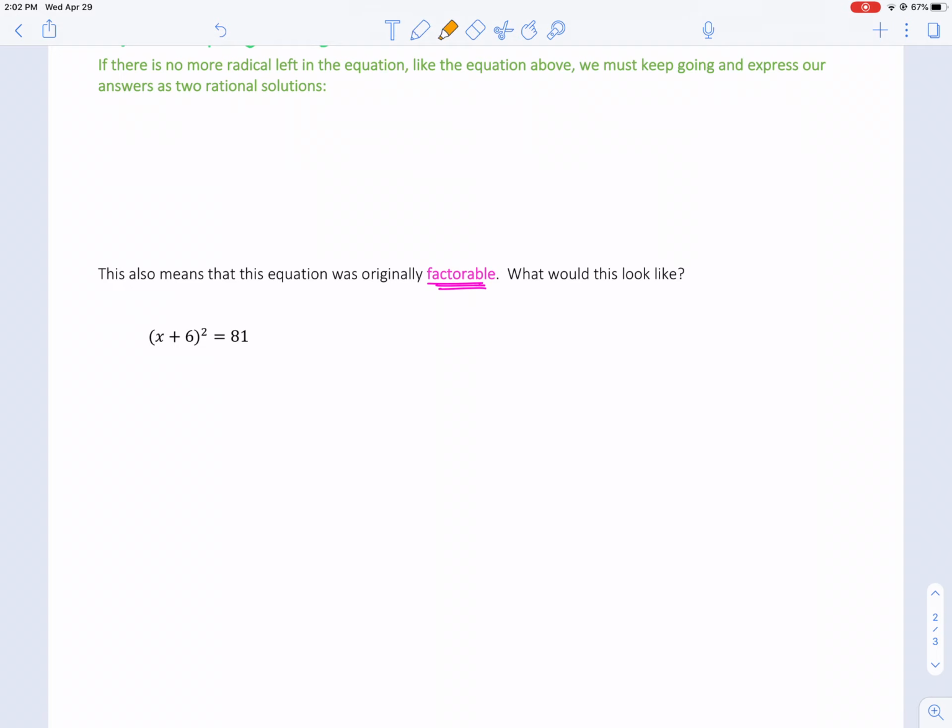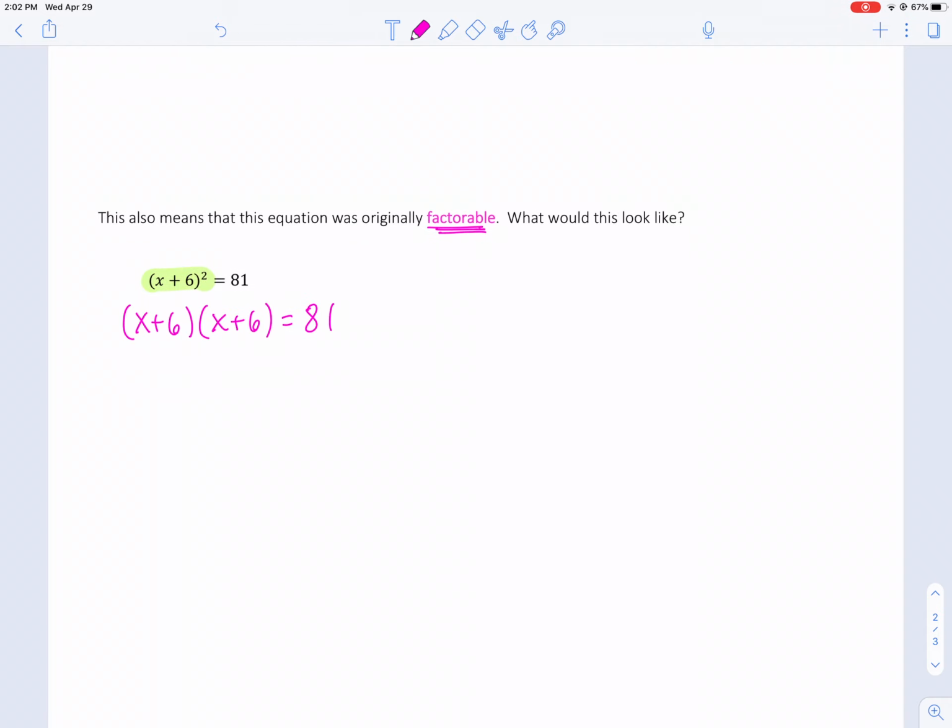If you want to solve this equation, x plus 6 squared, hopefully a lot of you are thinking, x plus 6 times itself, x plus 6 equals 81. And you could either set up a box or do a double distribute and get x squared plus 6x plus 6x plus 36, which equals 81.